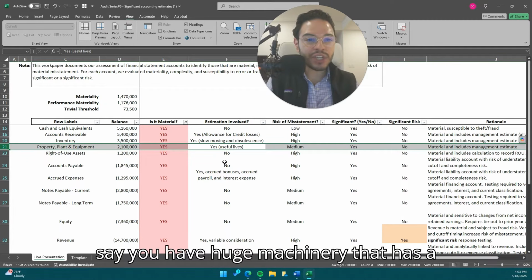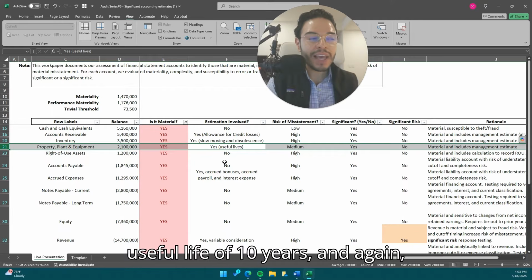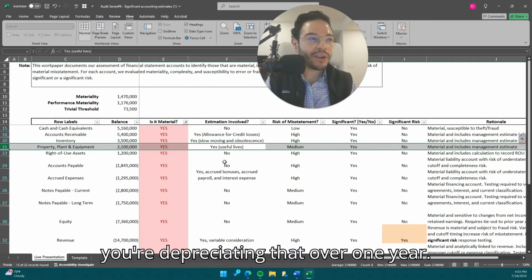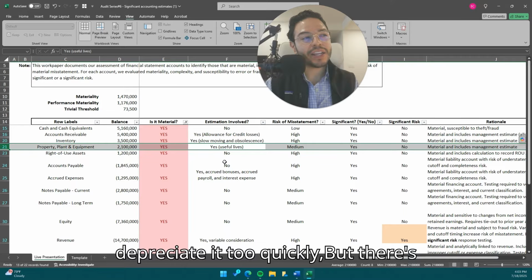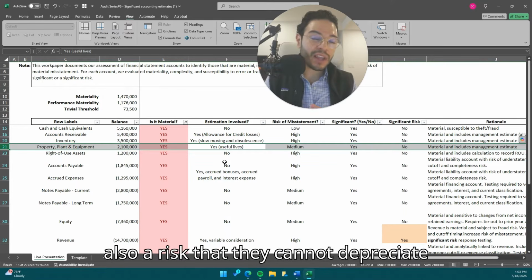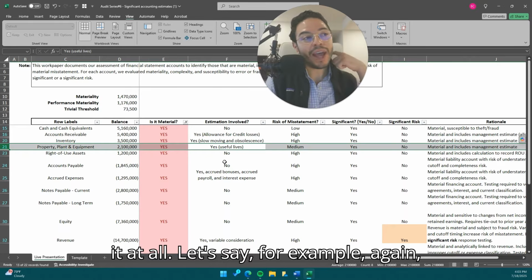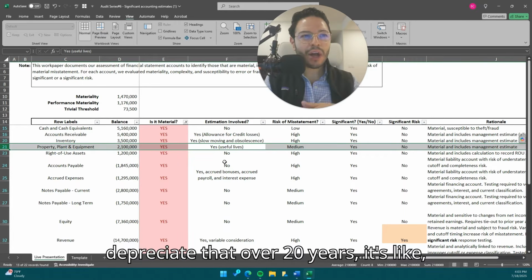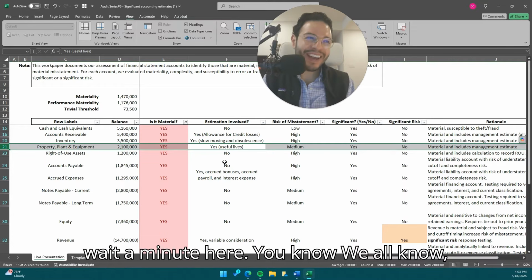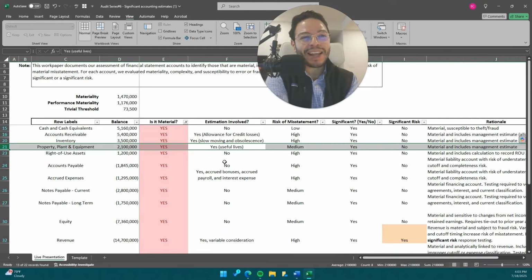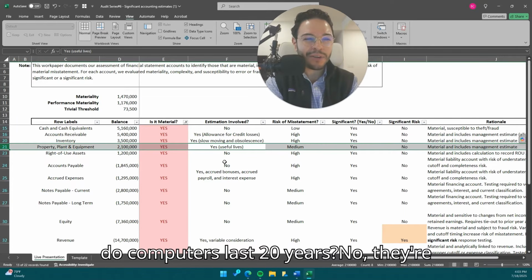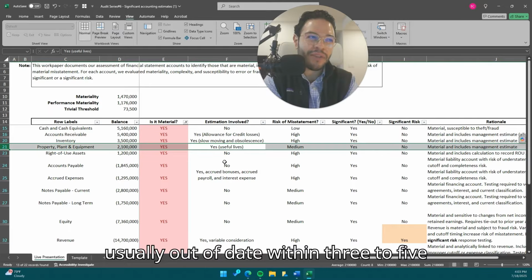Let's say you have huge machinery that has a useful life of 10 years, and you're depreciating that over 1 year. Typically, the risk is that they depreciate it too quickly, but there's also a risk that they depreciate it too slowly. Like, let's say, if you have computers and you're going to depreciate that over 20 years, it's like, wait a minute here. Do computers last 20 years? No, they're usually out of date within 3 to 5 years, right?